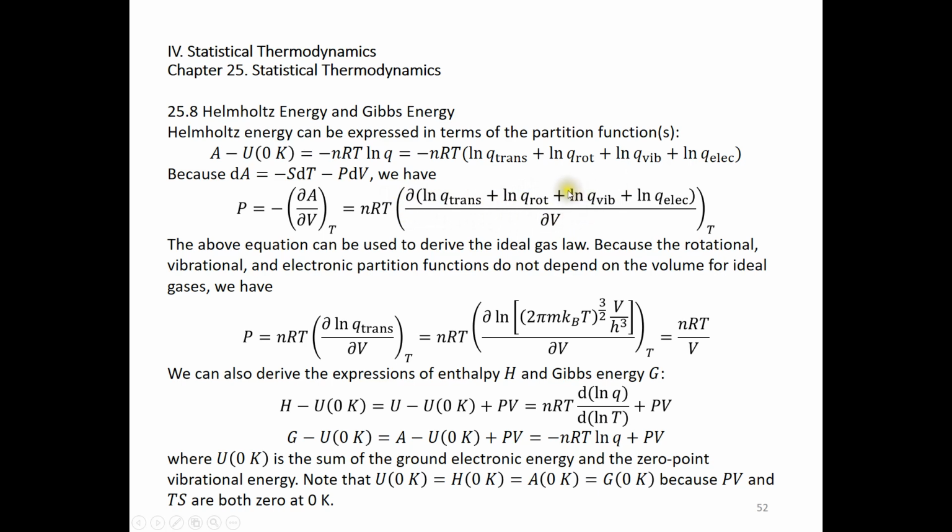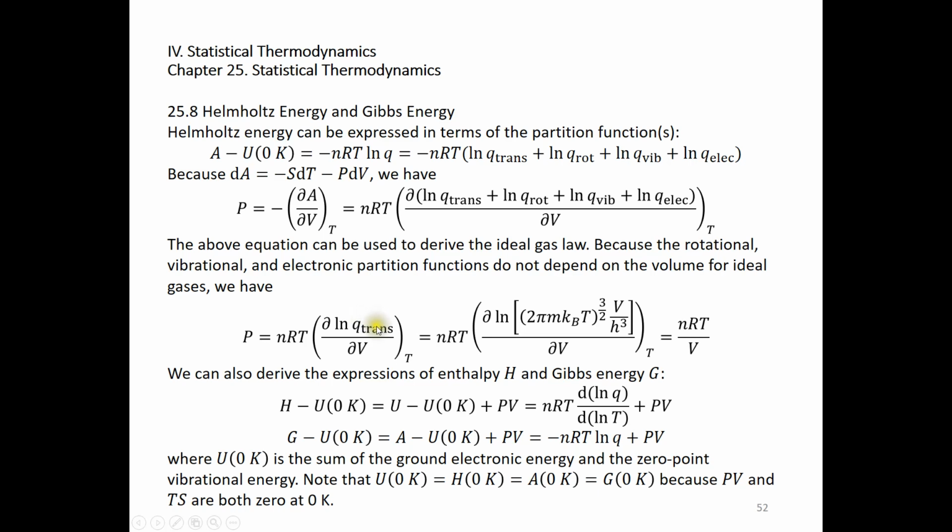The derivative of the logarithm of the vibrational partition function with respect to V is 0, and the derivative of the logarithm of the electronic partition function with respect to volume is also 0, and therefore we only have the first term left. Now pressure is just nRT times the first derivative of the logarithm of the translational partition function.